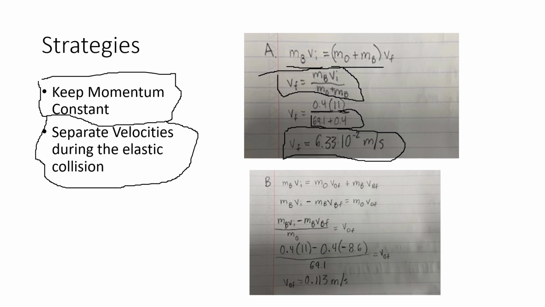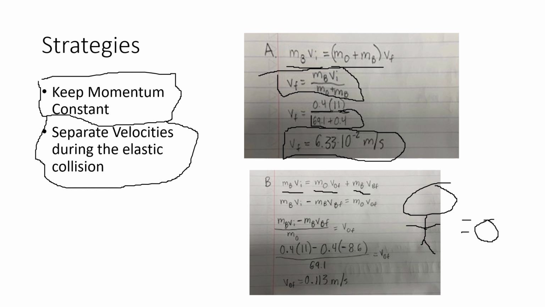In the next one, we can say that the initial mass of the ball times the velocity of the ball is equal to the mass of Olaf times his velocity plus the mass of the ball times its final velocity. This is because the ball bounces off Olaf, which gives Olaf more momentum, because momentum must be conserved.